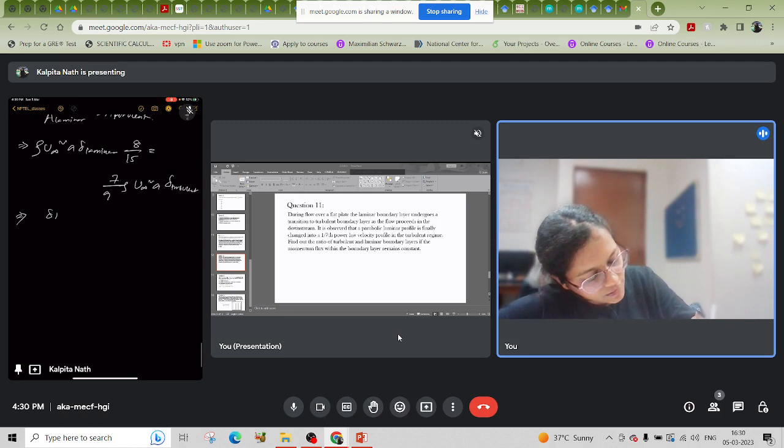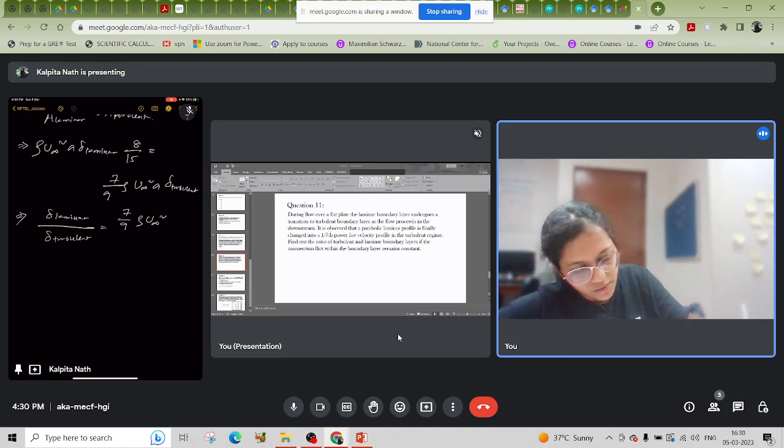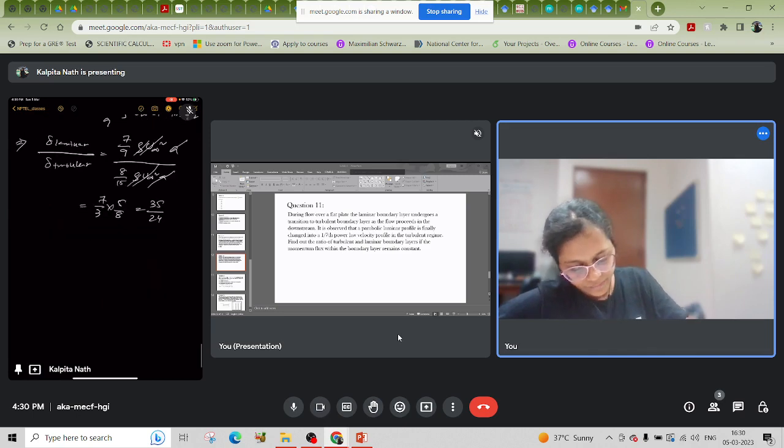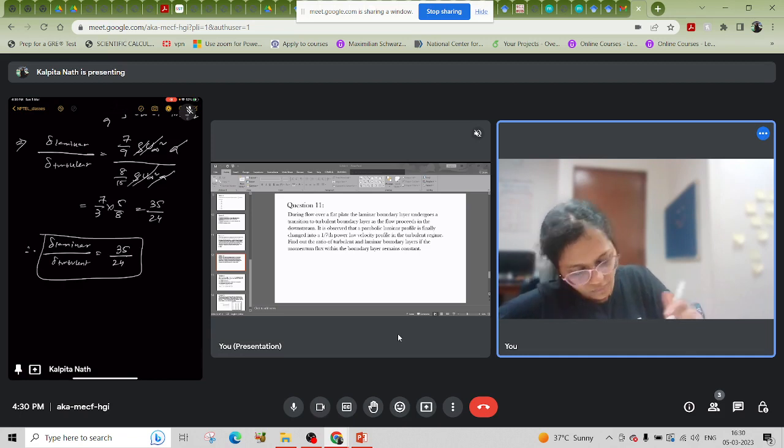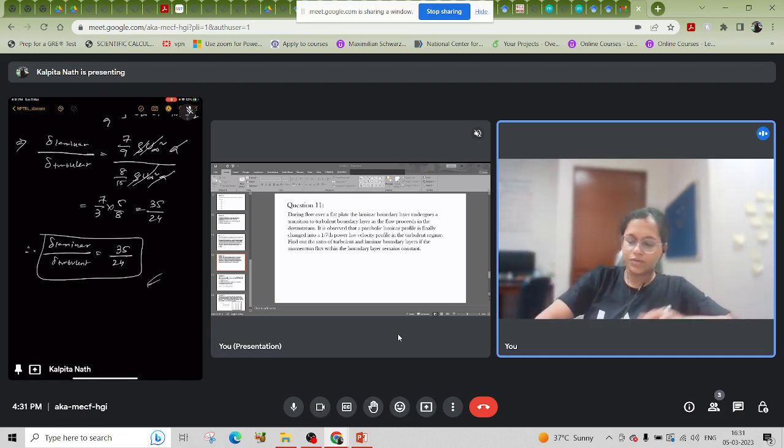This gives delta laminar upon delta turbulent equal to 7 by 9 rho u infinity square A by 8 by 15 rho u infinity square A. So this gives 7 by 3 into 5 by 8, which is 35 by 24. Therefore delta laminar upon delta turbulent is equal to 35 by 24. This is the solution.